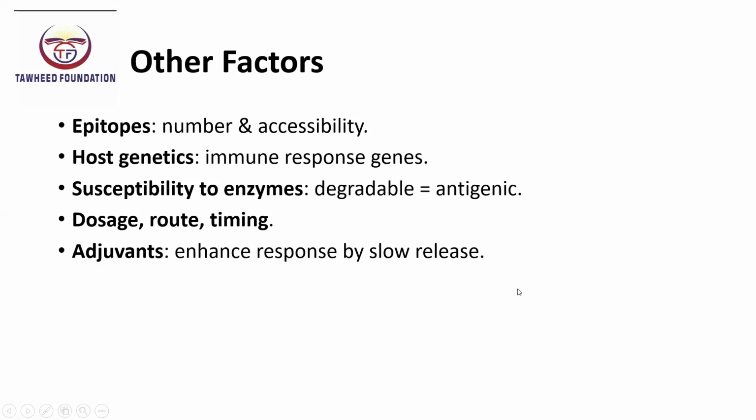This is why vaccines often contain adjuvants like aluminum salts. So, in summary, immunogenicity is not determined by a single factor but by a combination of size, complexity, foreignness, host genetics, degradability, dose, route, and the use of adjuvants.